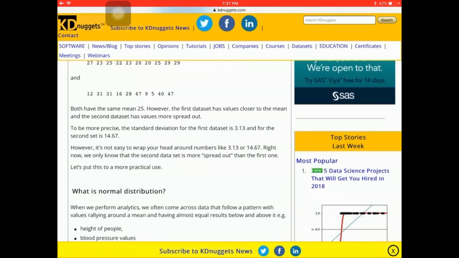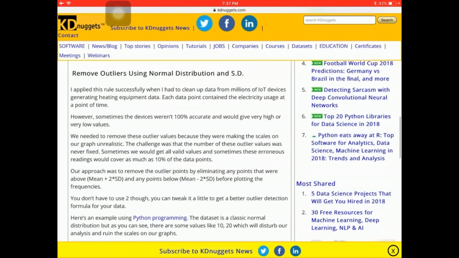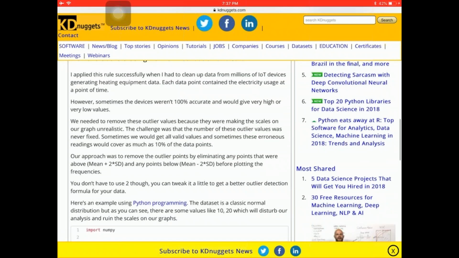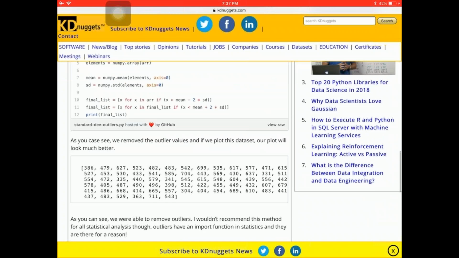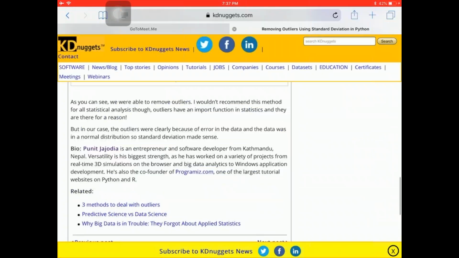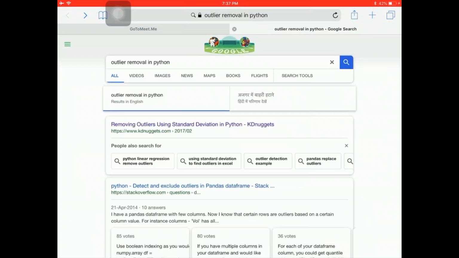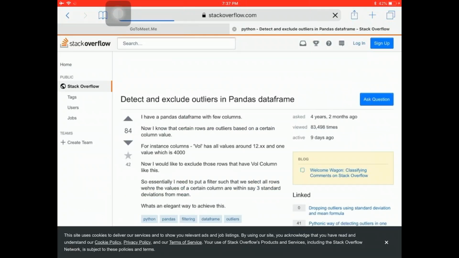So remove outliers using normal distribution and SD, right? It will assume that it is following a normal distribution and remove. So this is the code where you can simply remove your outliers. So let's see another thing. Detect and exclude outliers in pandas data frame.